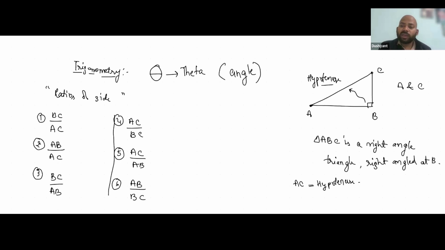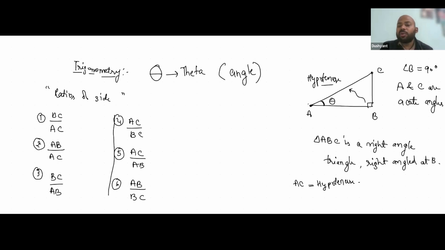Angle B is my 90 degrees, so angle A and angle C will be my acute angles. Correct? So I'm taking angle A and representing it with the symbol theta.